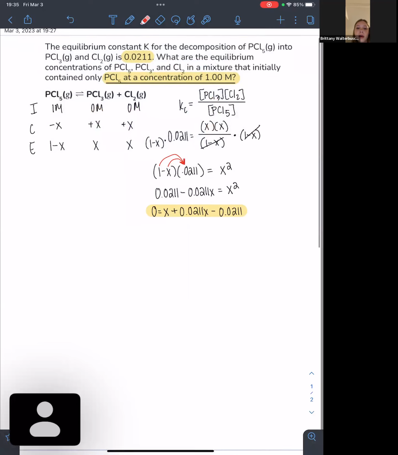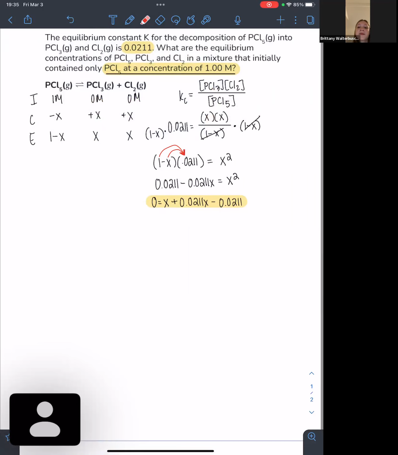So if you remember our quadratic formula, we're going to have everything represented in terms of A, B, and C. So this coefficient in front of the x squared, that's going to be our A value. So our A is going to equal 1, and then this value in front of just the x. Oh, I realized I forgot to write squared there.